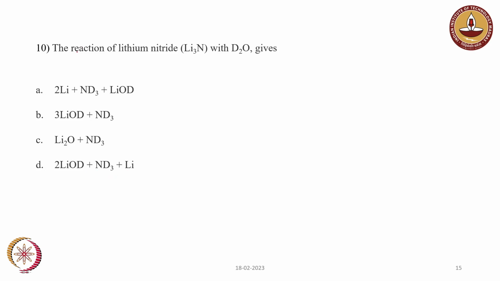So we have already learned that if we use a metal nitride and do hydrolysis with water, we will be getting the corresponding hydroxide and hydride. So if we use water with lithium nitride, that will be Li3N plus H2O giving lithium hydroxide plus hydride of nitrogen, that is ammonia.